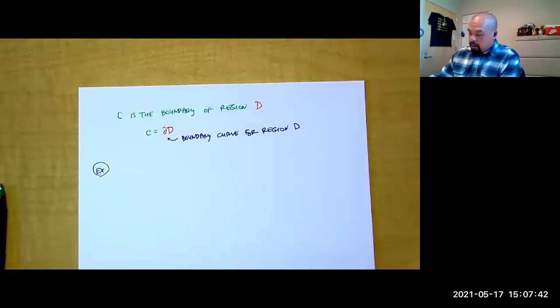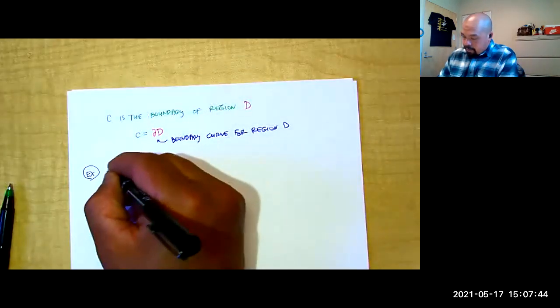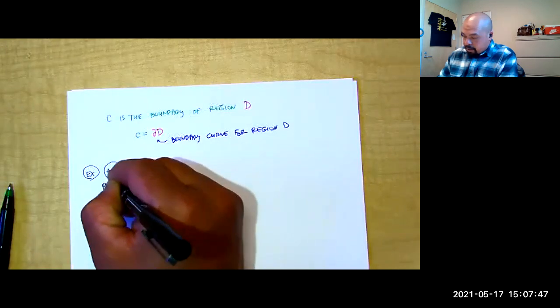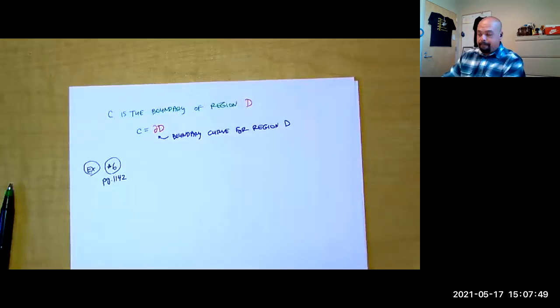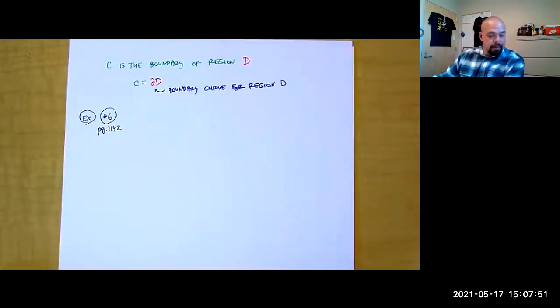For example, let's borrow this problem. Check out number 6. This is on page 1142 from our text.